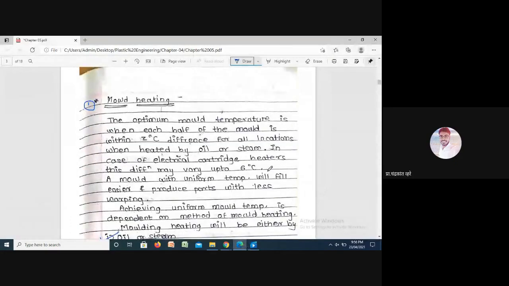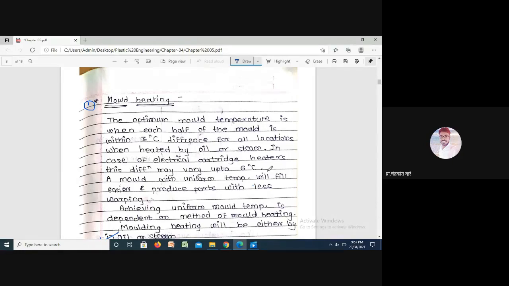Mold heating is very important for product quality. If mold heating is not constant and proper, we will not get the desired product at the desired quality.